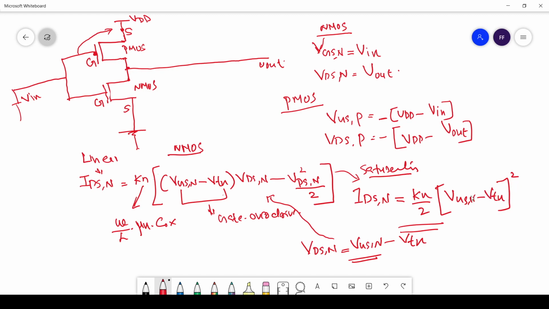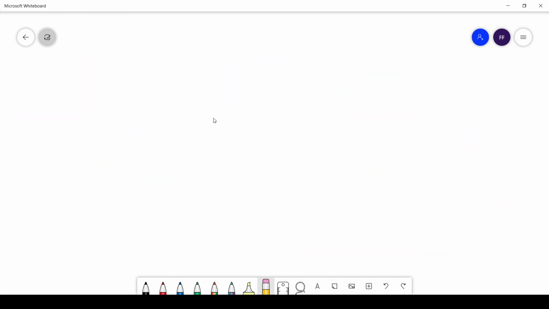Likewise, we can write the equations for PMOS also. The equations are similar to these. For the PMOS, there are two possibilities: it can work in linear or in saturation.